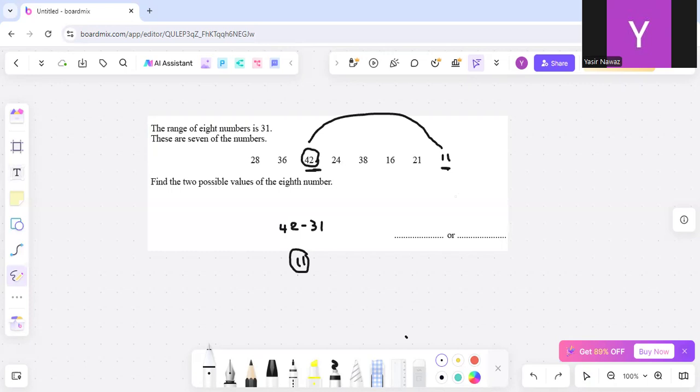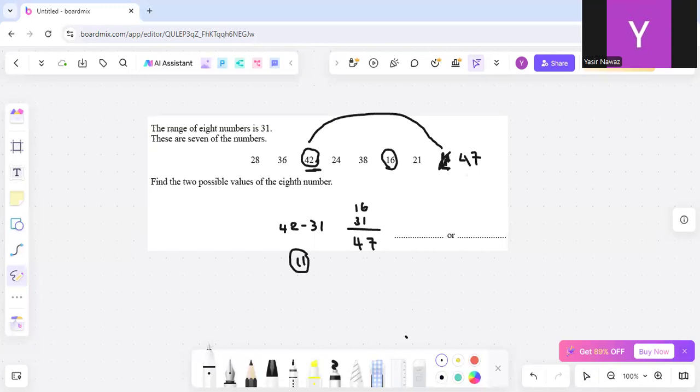Now I choose the other number. Suppose, what is the smallest number from all these? So 16 is the smallest number. If I add 31 to 16, that would be 47. So if the number is not 11, if it is 47, then the range would remain 31.